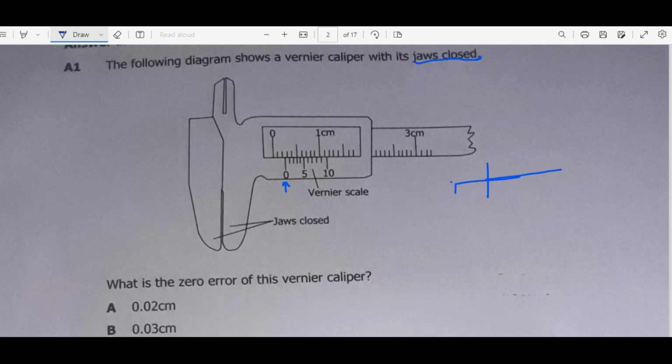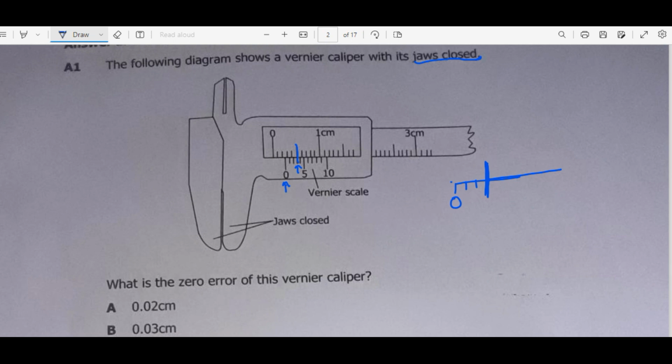So we need to look at, we are going to count from 0 up to this point where there is this line coinciding with the main scale and the vernier scale. So we can see that it's this line here. This is the line that is coinciding. So this is the point that you need to focus on. Now, what position is this line?